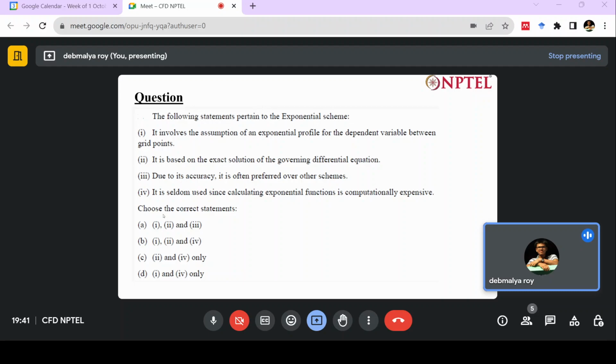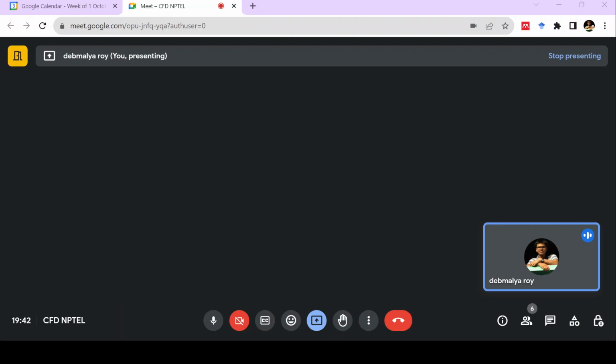This is pretty much a control volume method with an assumption of the exponential profile that we get from this analytical solution. There are a few statements written about the exponential scheme. Can you please tell me which of them are true and which are not?